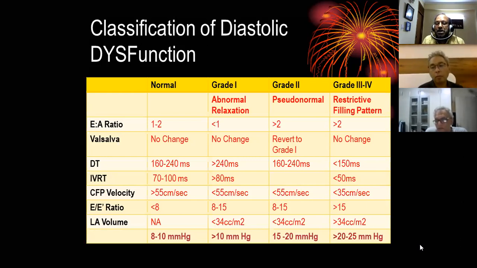They were there, but the non-invasive evaluation concept was not there. Is that clear? So the higher the LA pressure, the more the chances of the patient getting into LVF or congestive cardiac failure. If they build slowly, the patient will get congestive cardiac failure. If they build up suddenly, the patient will get into acute LVF.